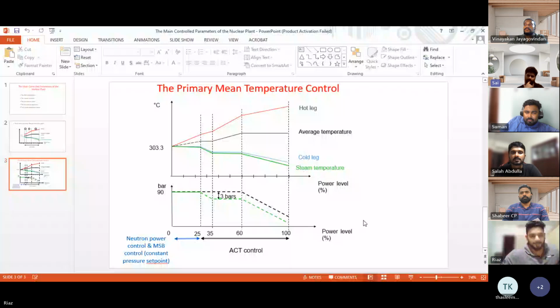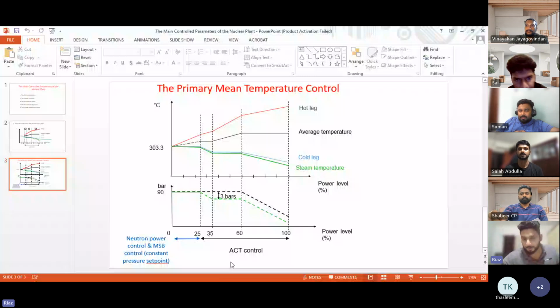I think these are the two modes, and I will conclude with that. This is a very big topic and we need more time. It has saturation points, the pressure in bar that Vinayagan was asking about, and how it is controlled through the CRDM. It is all interconnected.